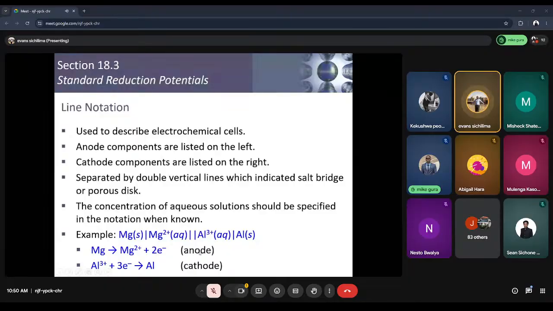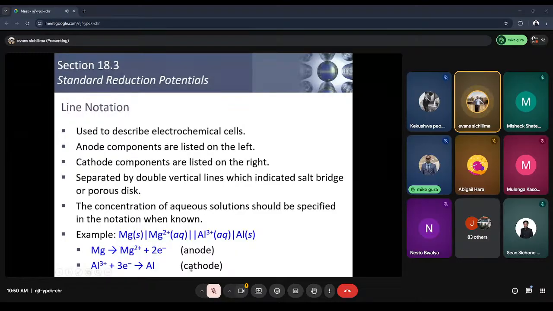On the other side, on the right side of this line notation or representation of the galvanic cell, aluminium is gaining electrons and is undergoing reduction, moving from aluminium 3+ to aluminium neutral, and this is happening at the cathode.